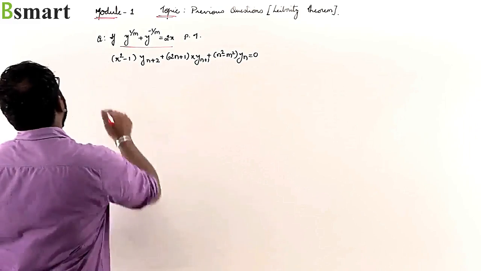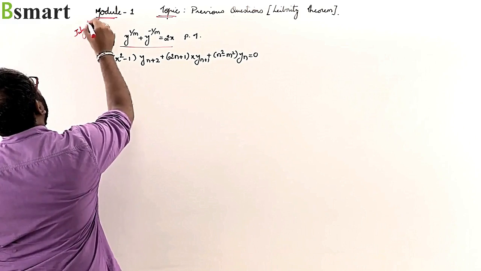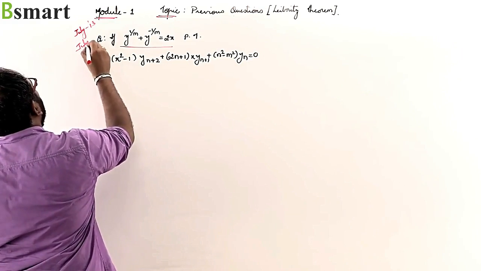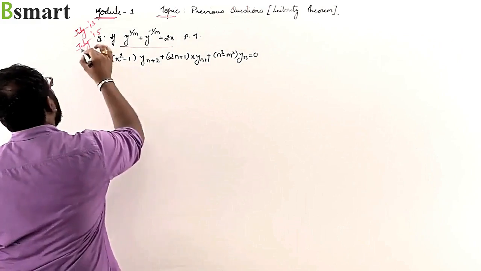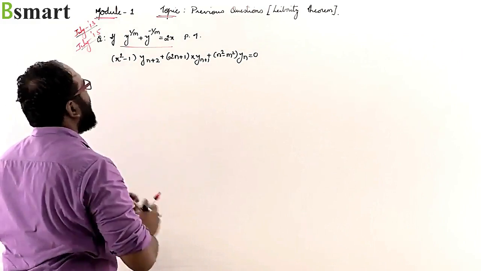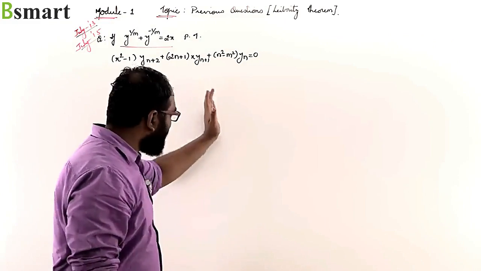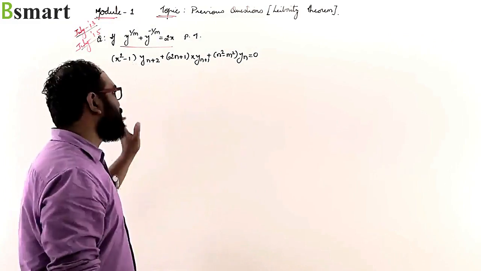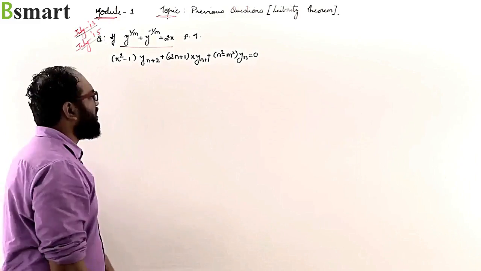This question was asked in July 2013 as well as July 2015. For the remaining part, we'll derive one equation for y, and from there we proceed. What is that? We are going to see that now.